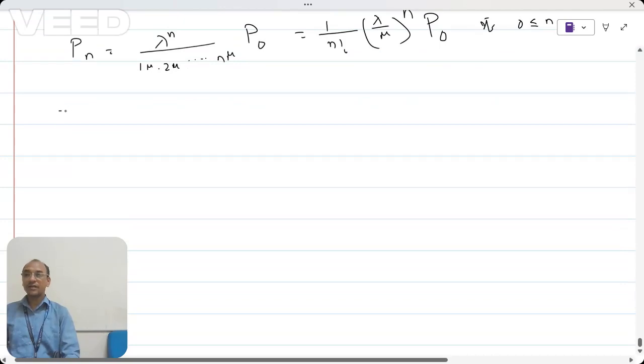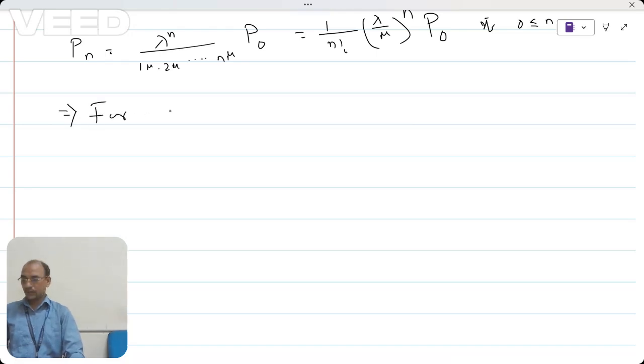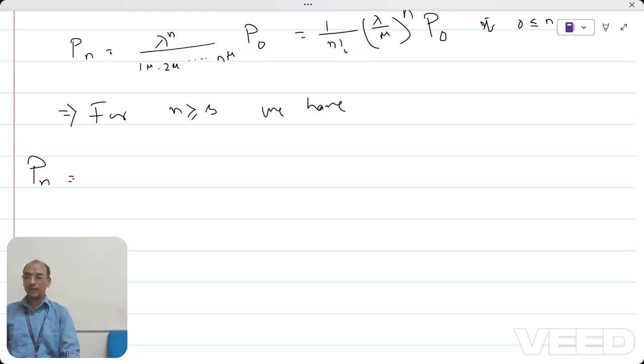In that case, for n greater than or equal to s, we have pn equal to lambda, unchanged, so lambda to the power n, divided by 1 mu, 2 mu and so on up to s minus 1 mu, thereafter s mu, s mu and so on.